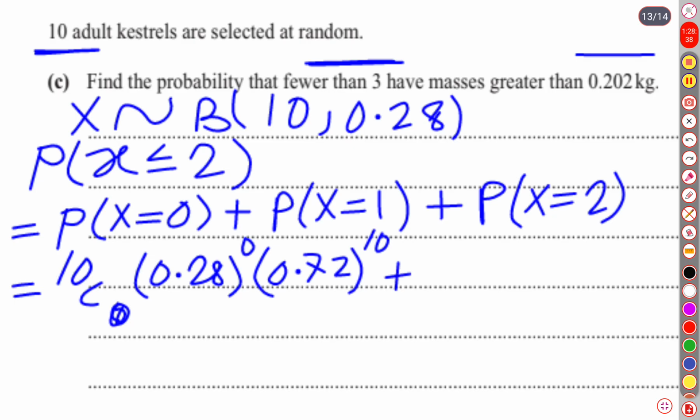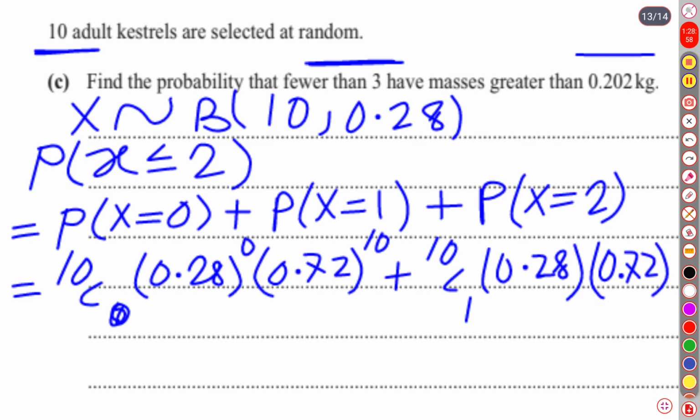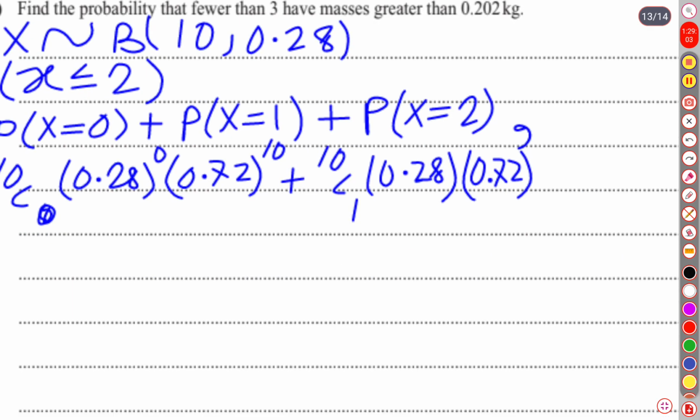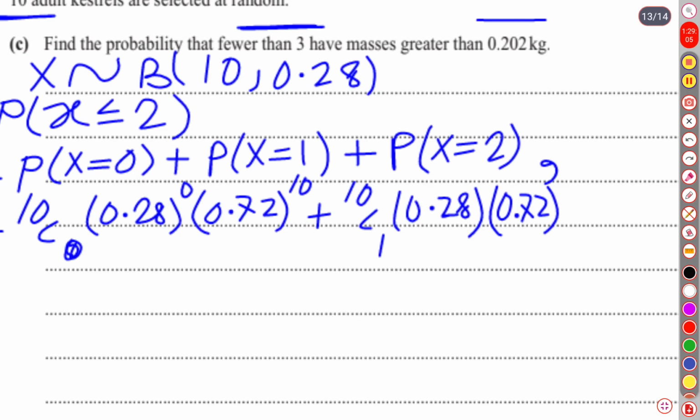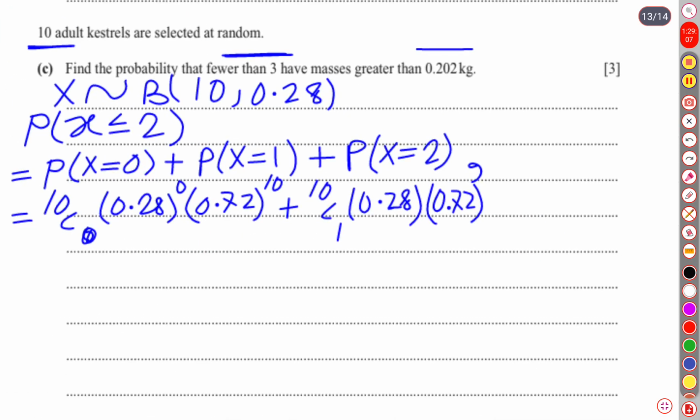If there is only one bird having mass greater than 0.202, so 10 choose 1, one bird has the probability of 0.2, and the rest 9 have the complementary probability. Or there may be 2 birds.